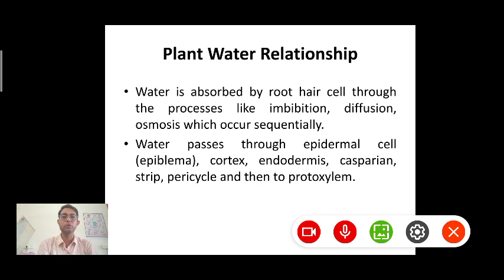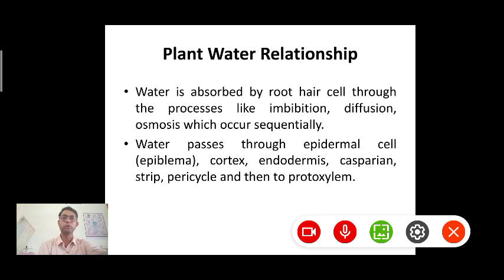So capillary water is absorbed by the plant and then it is transported to the different parts of the plant. This parameter, plant water relationship, is also required to understand processes like osmosis, imbibition, plasmolysis, diffusion, as these processes are directly or indirectly related to the absorption and removal of the water from the plant body.